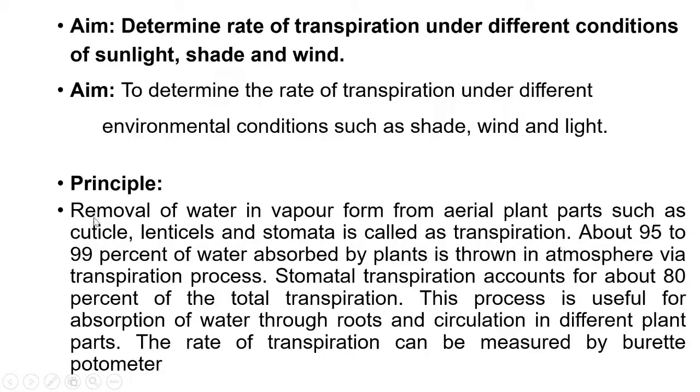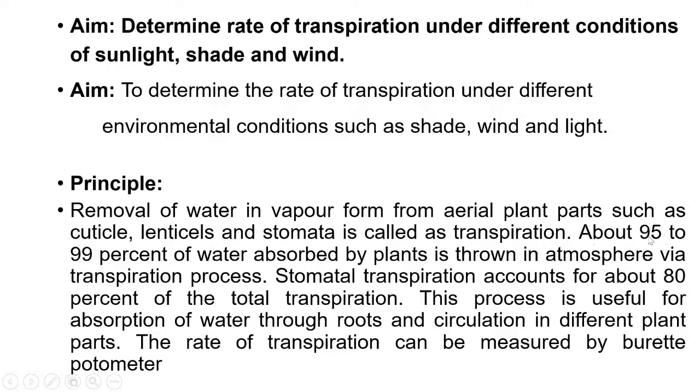The principle is that the removal of water in vapor form from aerial plant parts such as cuticle, lenticels, and stomata is called transpiration. Transpiration is the physiological process in which excess water is transferred from the stomata, lenticels, and cuticle.